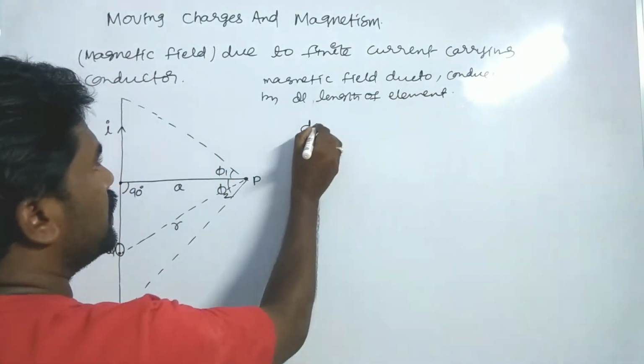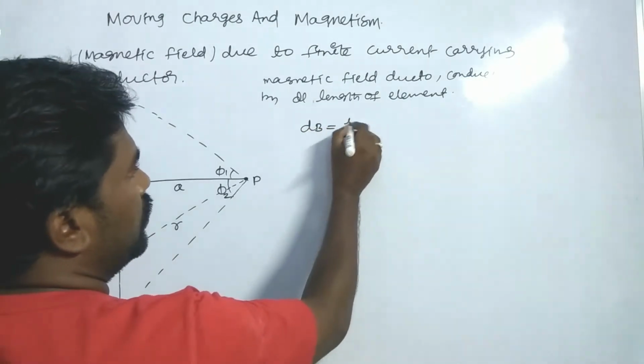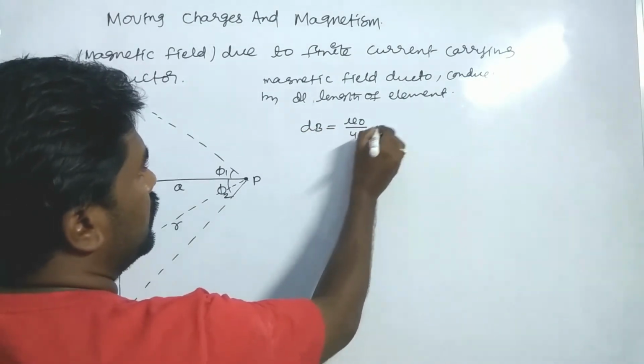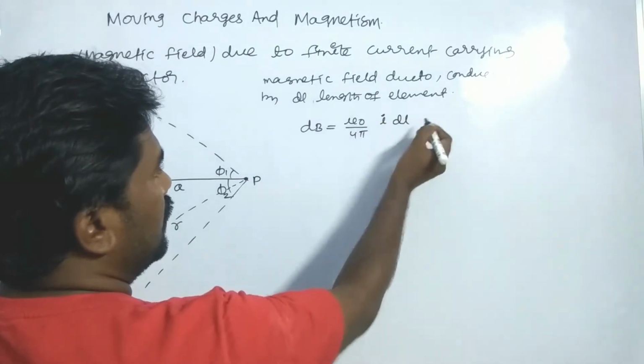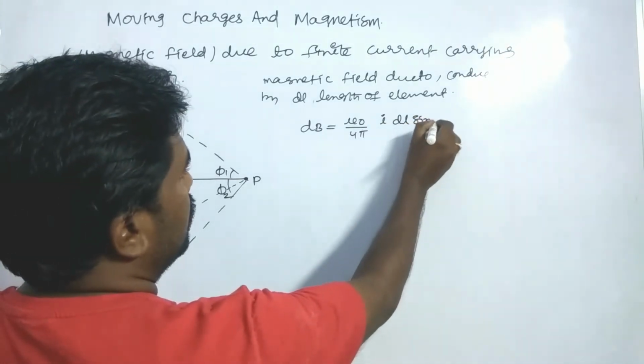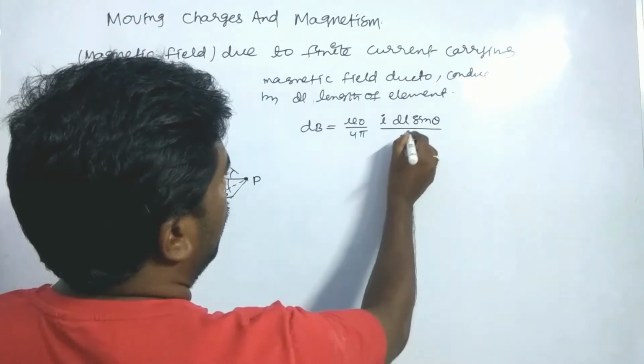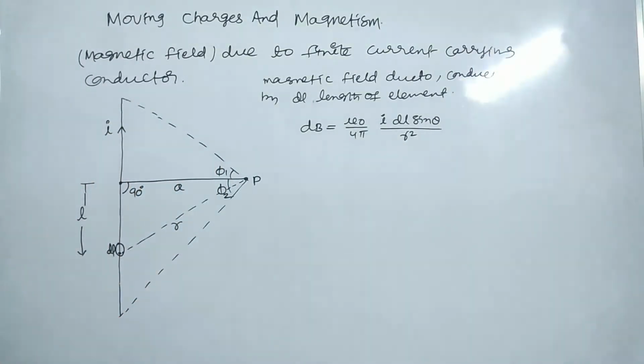That is dB, it is equal to mu naught by 4 pi, I dl sin theta by r square.